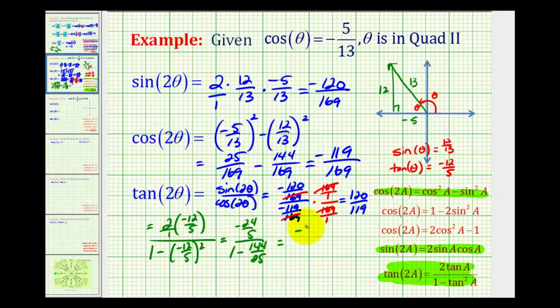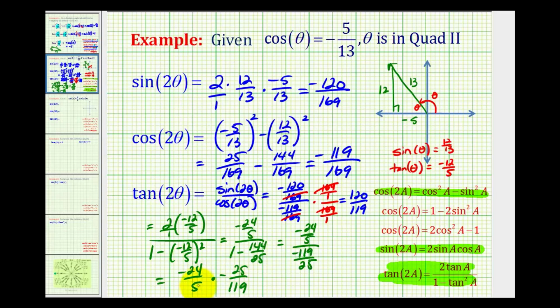which equals negative 24 over 5, divided by, this difference here is negative 119/25. And now if we write this division problem as a multiplication problem, we're going to have negative 24 divided by 5 times the reciprocal of our denominator here. So we'll have negative 25 all over 119.